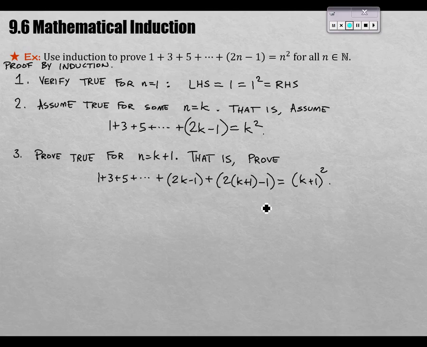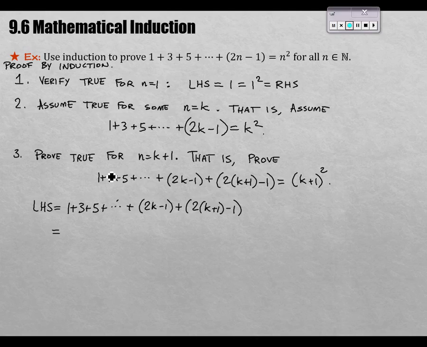So here I go. The left-hand side, I'm just going to copy it: 1 plus 3 plus 5 plus ... plus 2k minus 1 plus 2 times k plus 1 minus 1. Just like any proof, like back when we were doing trig identities, you can't assume that this is true.